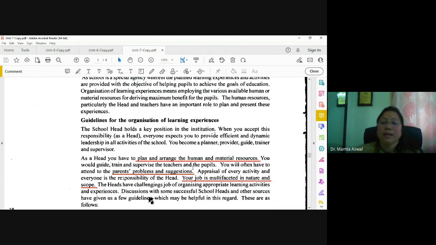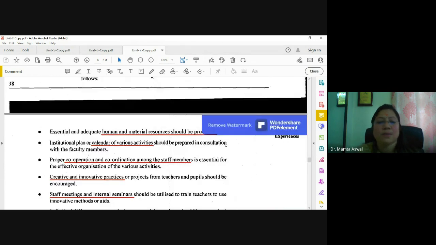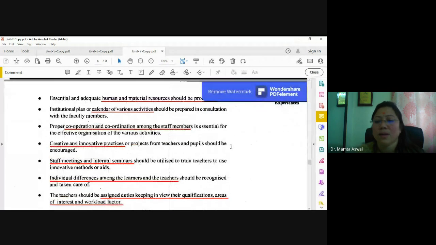He must be in a position to plan and arrange the resources for the school, because he or she has to plan all the things for the school: training of the teachers, supervision of the teachers, observation of the teachers, solution of the problems of the parents, schools, students, staff, teachers, providing suggestions, etc. So these are all the responsibilities of the school head.